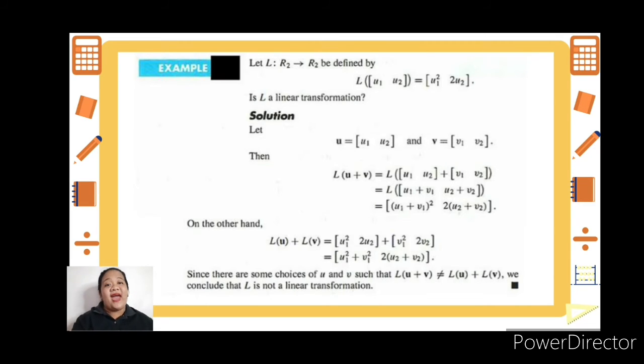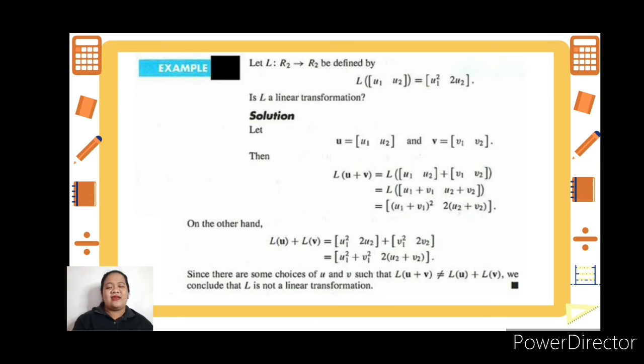And we conclude that L is not a linear transformation because if we let some values there, they are not equal. So from the given, it will not be equal. It's different, u sub 1 squared plus v sub 1 squared and the quantity u sub 1 plus v sub 1 squared. Okay?